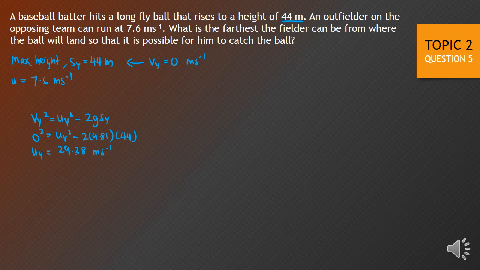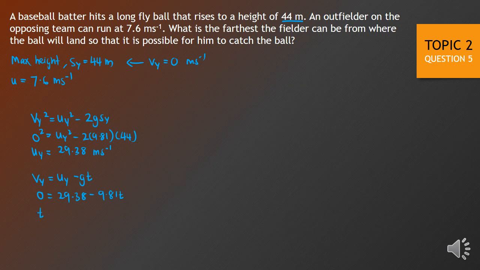So this is the initial velocity in the vertical direction. Then we can find the time taken for the ball to travel from its initial position to its maximum height using vy equal to uy minus gt. Again, this is 0 and uy is 29.38 minus 9.81 t.